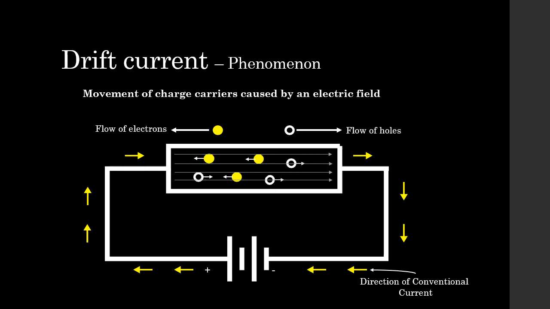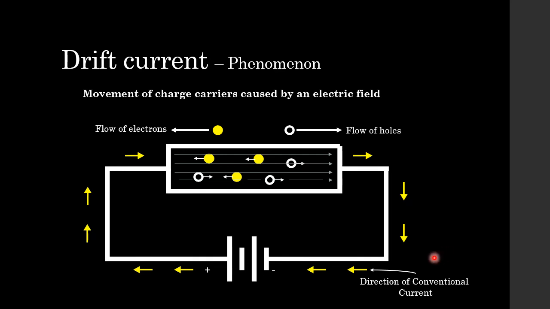Right. Now that we've gone through some of the equations on concentrations and the type of materials and the physics of the semiconductor material, we can end off with the phenomenon of drift current and diffusion current. So starting off with drift current, ladies and gentlemen, you are familiar with this. Drift current is basically the movement of charge carriers caused by an electric field.